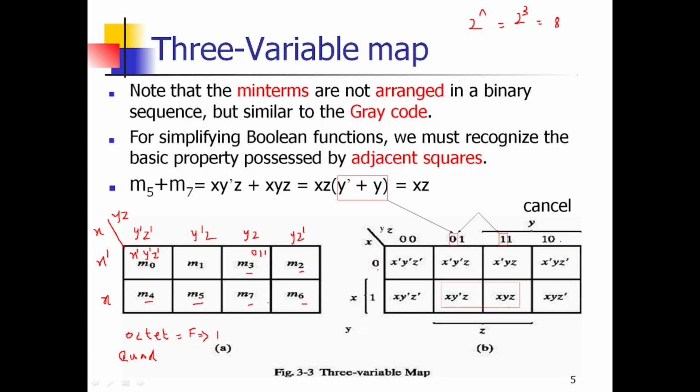In the same way we fold to make it a single cell, all the variables on the column will be 1, and we have the row variable x only. So the Boolean function is x.